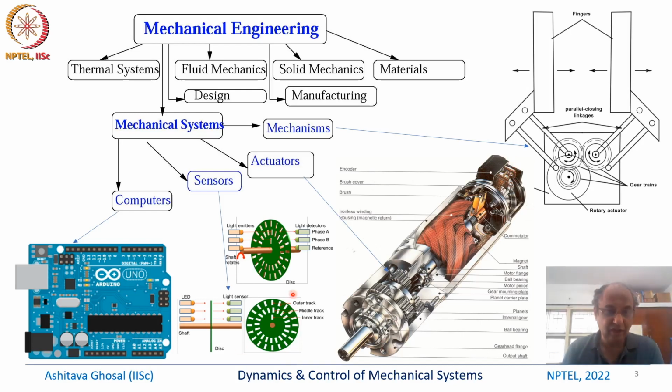So this is a picture of an optical encoder where we have some pairs of light emitters and diodes, and we can measure the rotation of the shaft by finding out how the light beams are intercepted by this rotating disk. We also have computers in mechanical systems. The computers are used to measure, to do some I/O, and to do some software and computations.